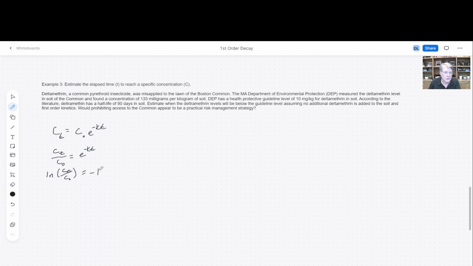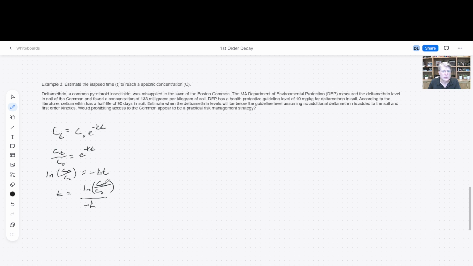So the natural log of Ct over C naught equals negative kt, and t will then be the natural log of Ct over C naught divided by negative k. Alright.